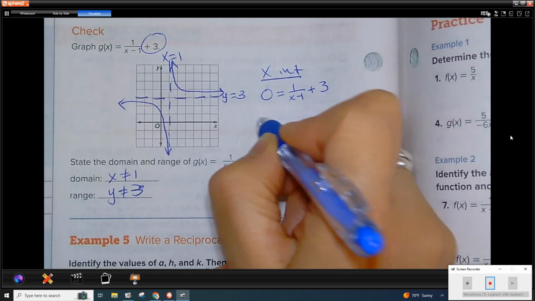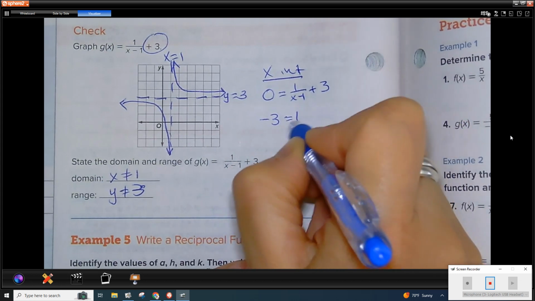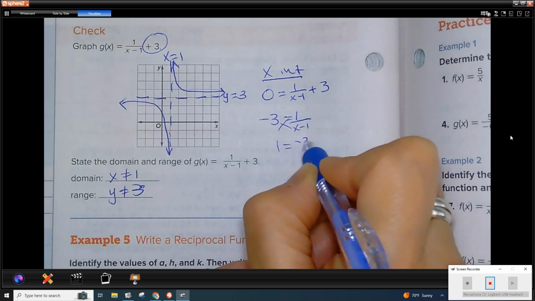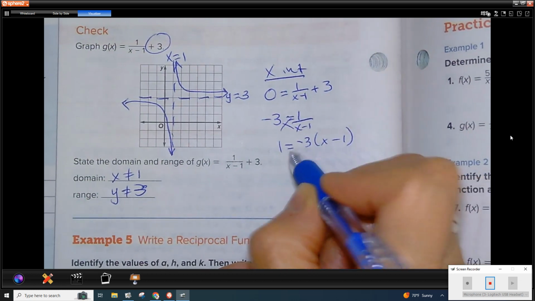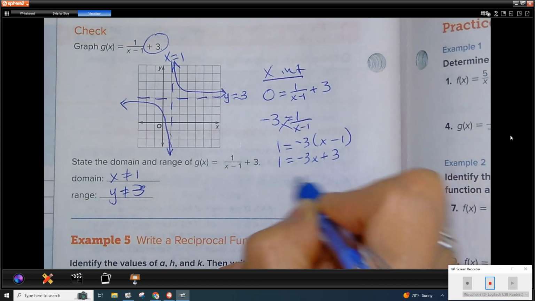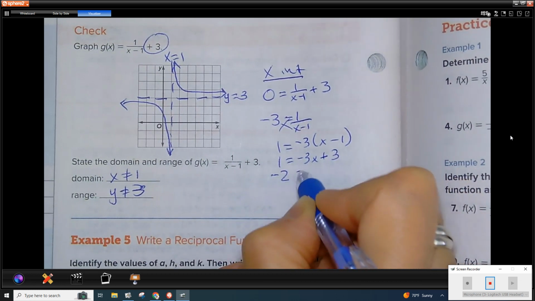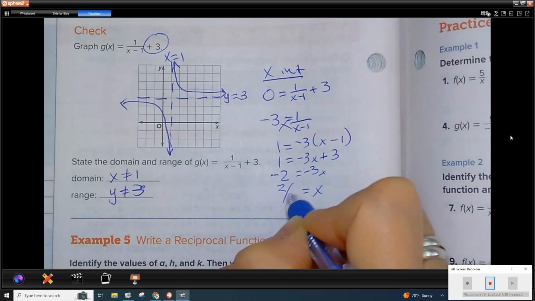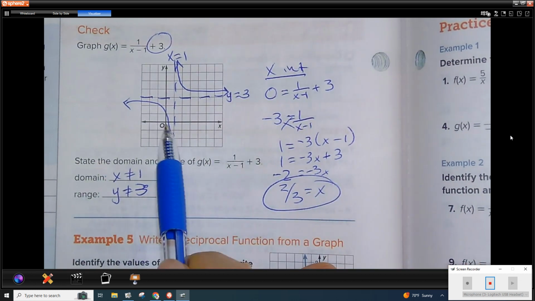So negative 3 equals 1 over x minus 1. I'm going to cross multiply. 1 equals negative 3 times x minus 1. 1 equals negative 3x plus 3. Negative 2 equals negative 3x. X equals 2/3. That looks about right.